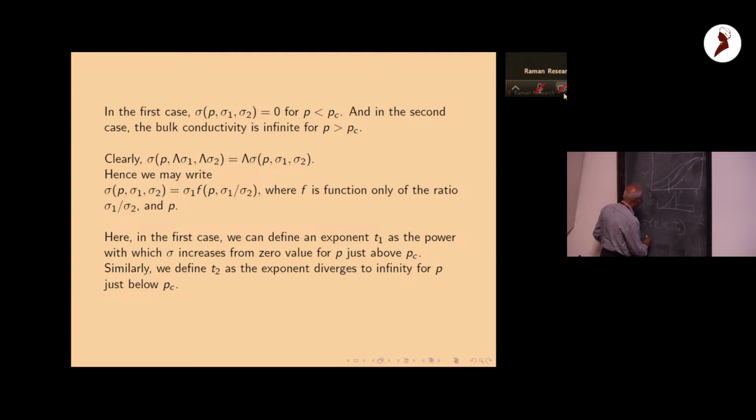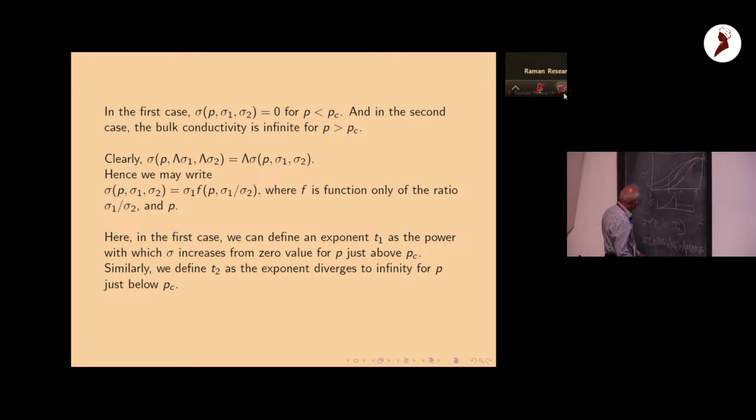So I will write that sigma as a function of p, lambda sigma 1, lambda sigma 2 is equal to lambda times sigma of p, sigma 1, sigma 2. It's a homogeneous scaling function of the variables sigma 1 and sigma 2.